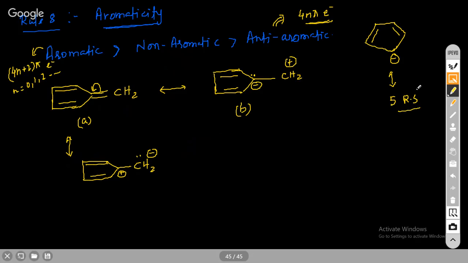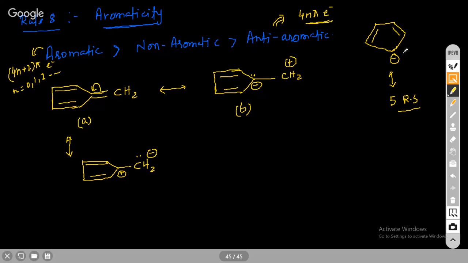And in all these 5 RS, you'll see the negative charge will be present on all the carbon atoms here, here, here, here, and here. So when we have this type of structure where the charge is distributed equally among the atoms present in the ring, then the compound is aromatic. That is also one way to find out aromatic compounds, right? So uniform distribution of charge leads towards stability because uniform distribution is possible in the case of aromatic compounds. And for aromaticity, the molecule must be planar, right?